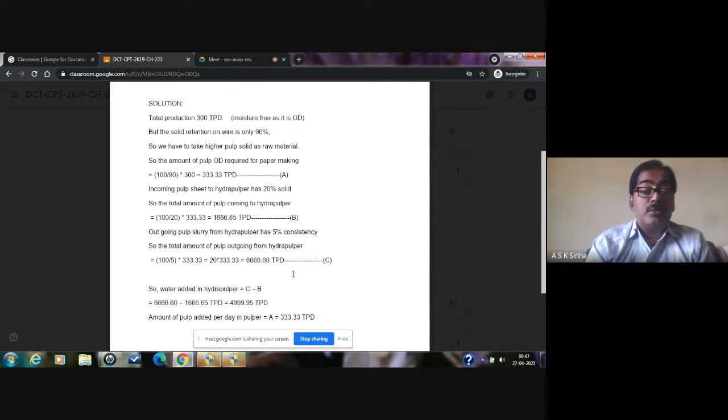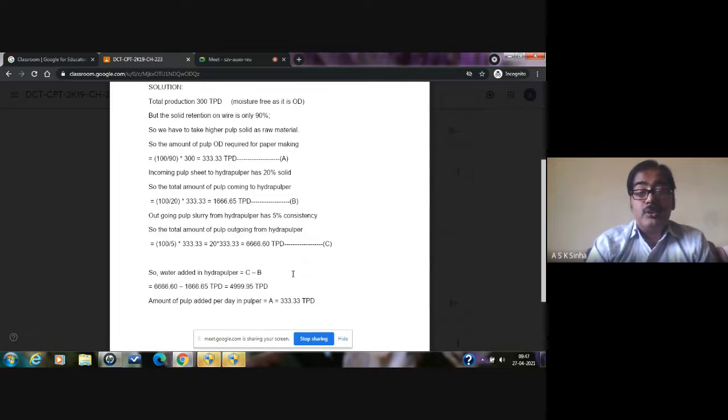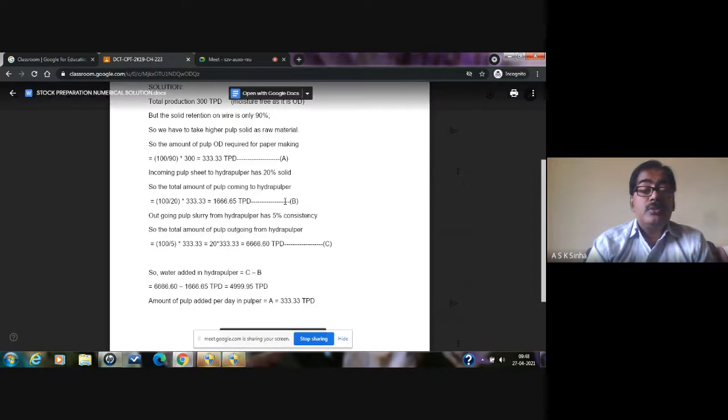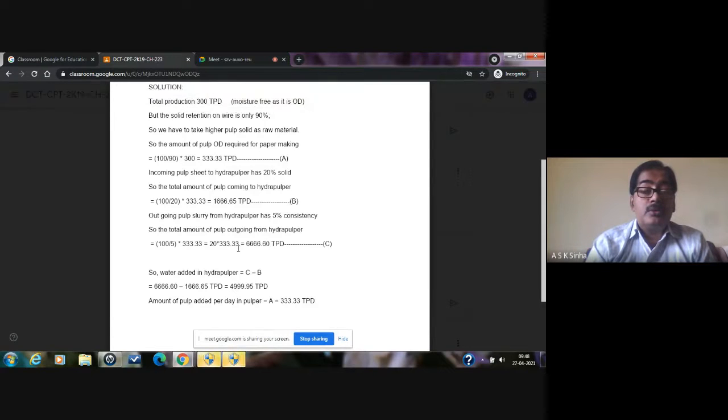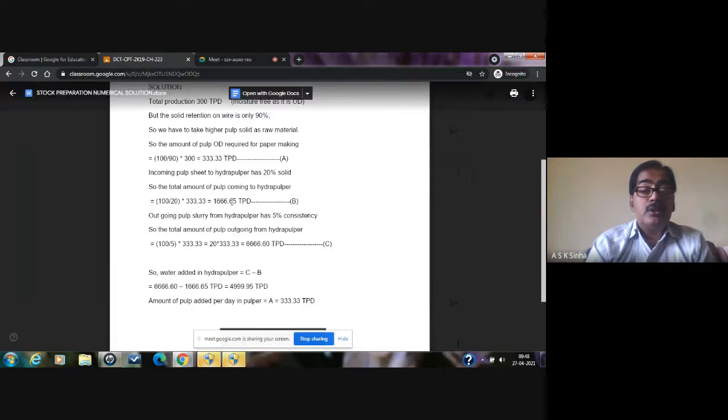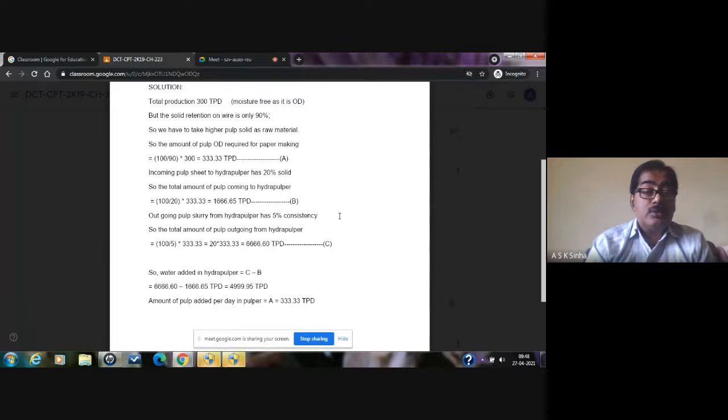The same mass is diluted by water, so now the solid is only 5 and the total is 100. So we are calculating the total mass, the total amount of the slurry, and this will be equal to 6,666.6 tons per day.